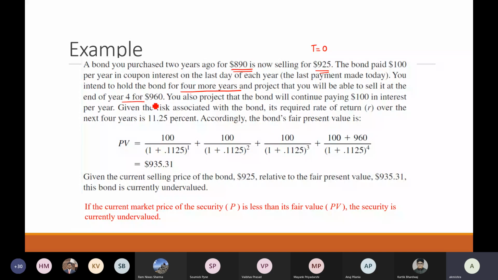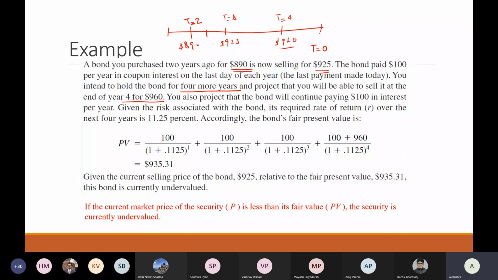and project that you will be able to sell it at the end of the 4th year at 960. So you think, this is a scenario where the bond life is very long, and let's say here you purchase at $890. So this is T minus 2, and this is T is equal to 0, and here it is available at this price, and probably after 4 years, so T is equal to 4, you can sell this at 960.